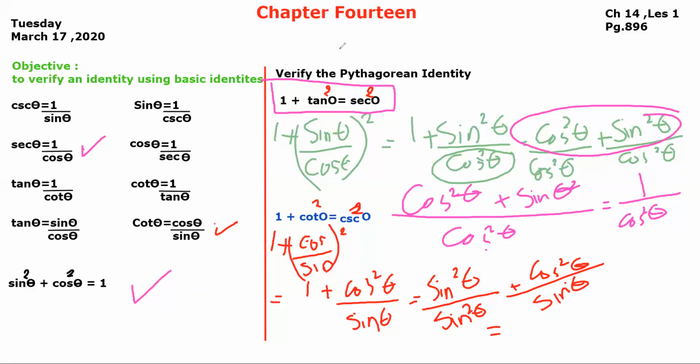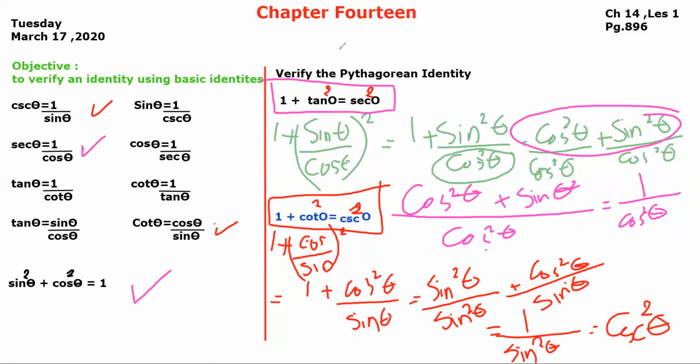Now, sine squared plus cosine squared is 1, so it is 1 over sine squared of theta. We know that 1 over sine is cosecant, so 1 over sine squared is cosecant squared of theta. This is now the second basic Pythagorean identity, that 1 plus cotan squared is equal to cosecant squared.